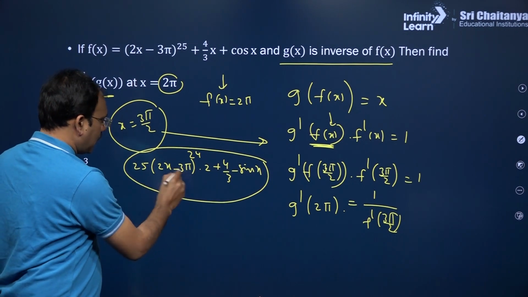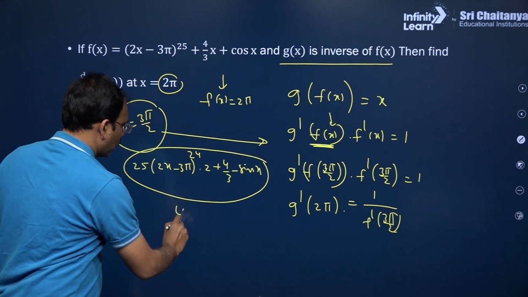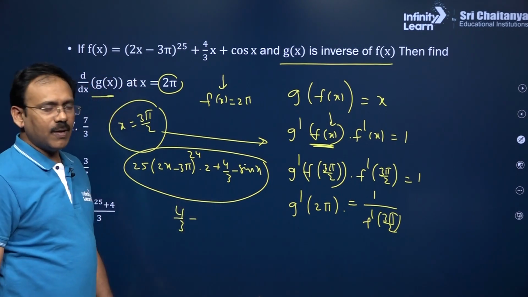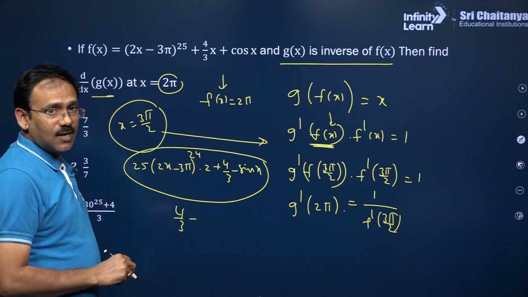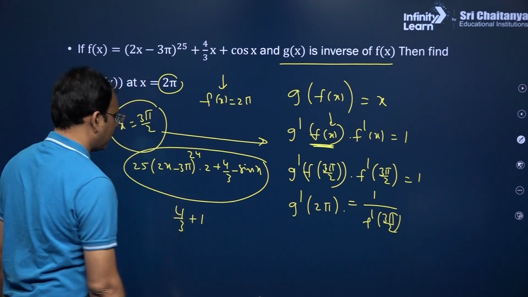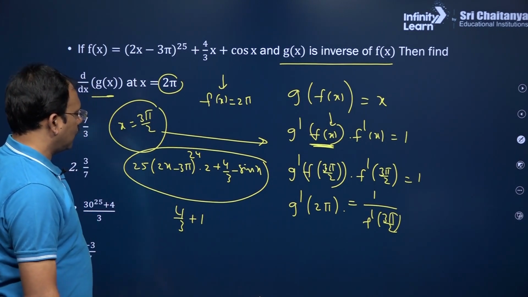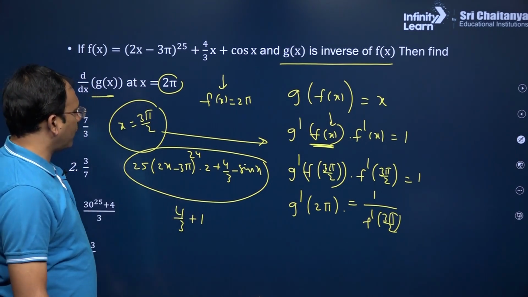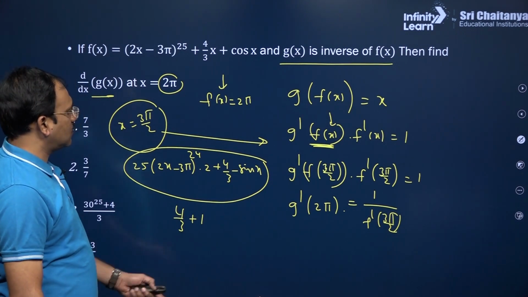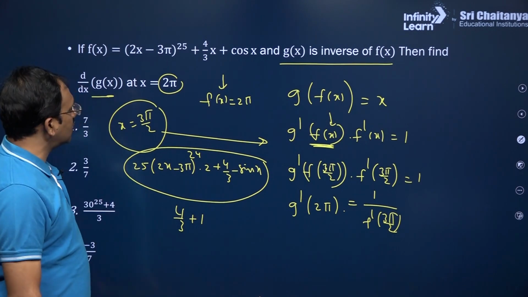If you substitute 3 pi by 2, this becomes 0, this becomes 0, this becomes 4 by 3, and sine of 3 pi by 2 is, you can say this is sine 270, minus 1. So plus 1, which is 7 by 3. Yeah, you can say this is 4 by 3 minus cos x, derivative is minus sin x, at 3 pi by 2 it becomes minus 1.